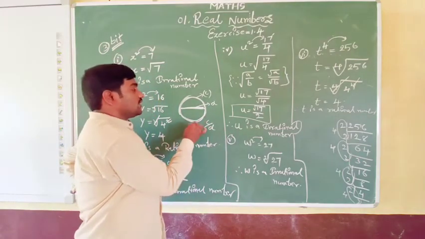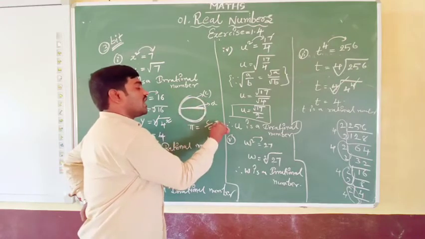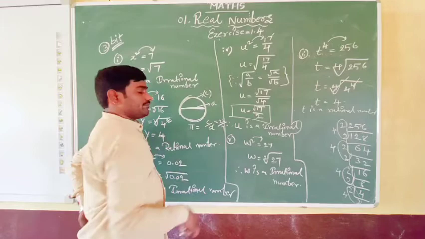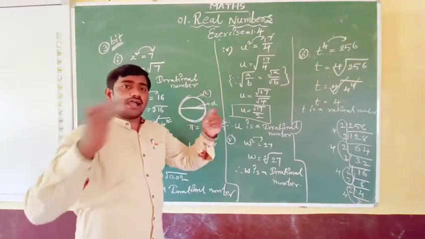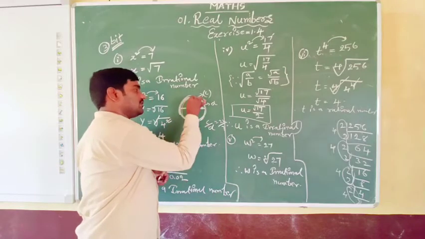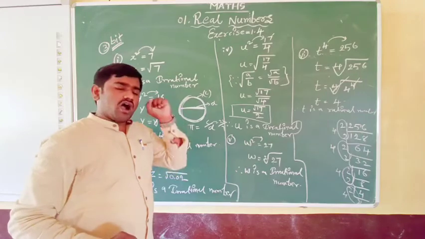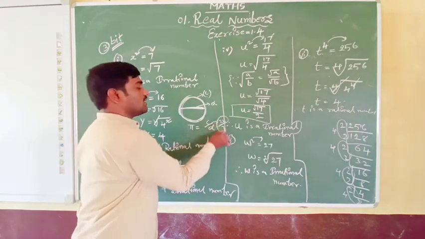Pi, in the sense here, the ratio of circumference of a circle by diameter always gives us 22 by 7. So you take any circle, either bigger in size or smaller in size. Take the circumference of the circle and divide by the diameter. If you divide by the diameter, you always get 22 by 7.